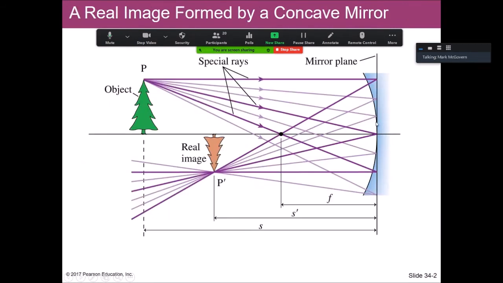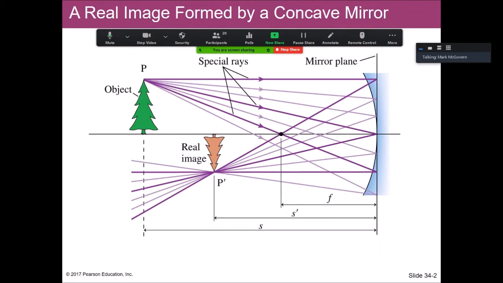As we've talked about with our ray model, when we have an object, every single part of the object is going to either emit or reflect rays of light, which, when we're trying to determine how that's being formed, can look very cluttered.